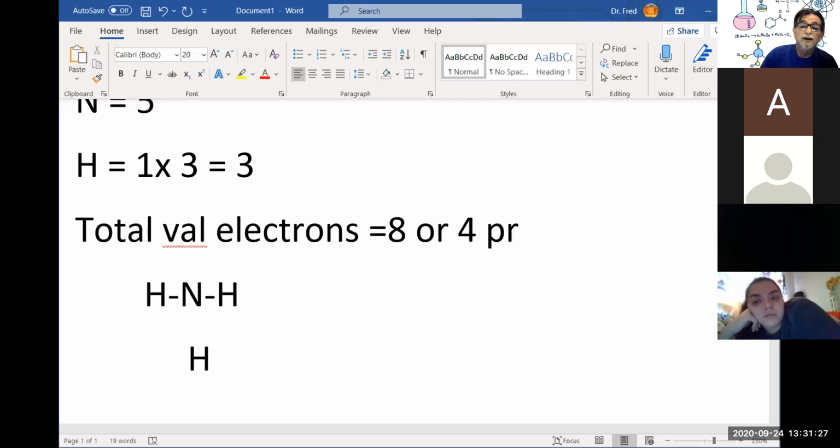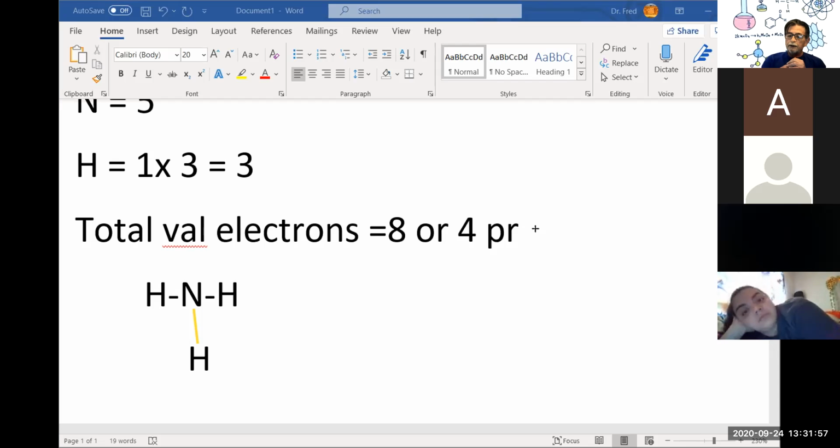And let me draw that. Okay, do you see what I did? It's not square, but I attempt to draw the structure. The first structure I come up with is that I bonded the 3 hydrogens around the nitrogen.